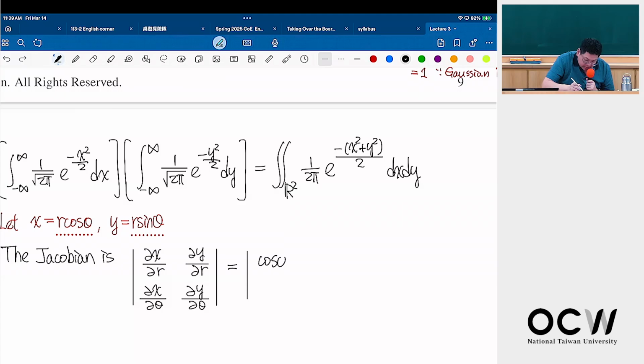Here cosine theta, minus r sine theta, sine theta, and r cosine theta.